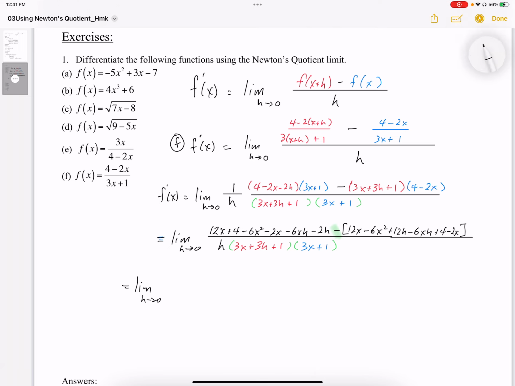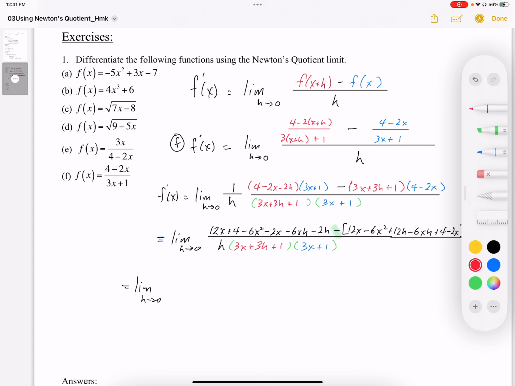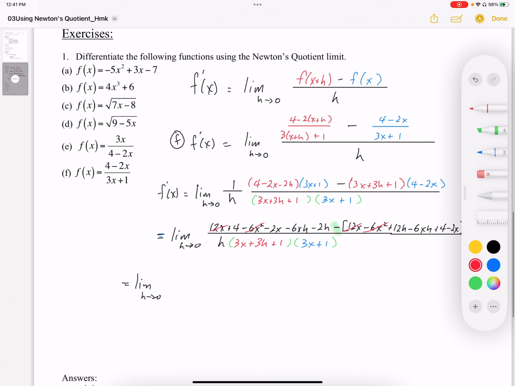The bunch of stuff's going to cancel out here. So I'm going to end up with 12x minus 12x minus 6x squared minus negative 6x squared. I've got a plus 4 and a minus 4 here and here. I think I've got two x's here and here, which cancel out, and a minus 6xh and a minus 6xh.